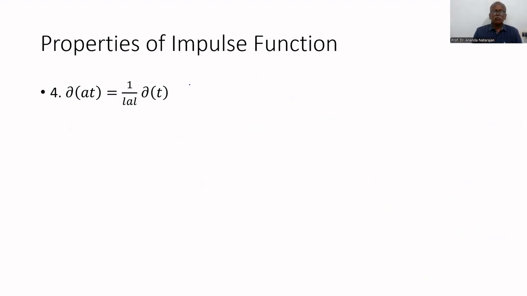What is the fourth property? δ(at) equals 1 by modulus of a multiplied by δ(t). This is the fourth property.